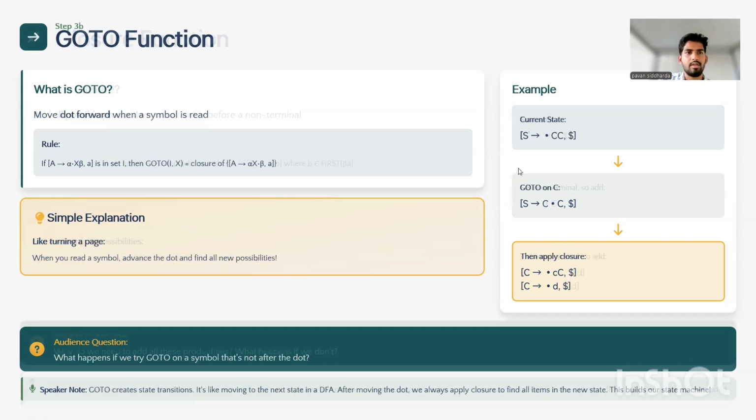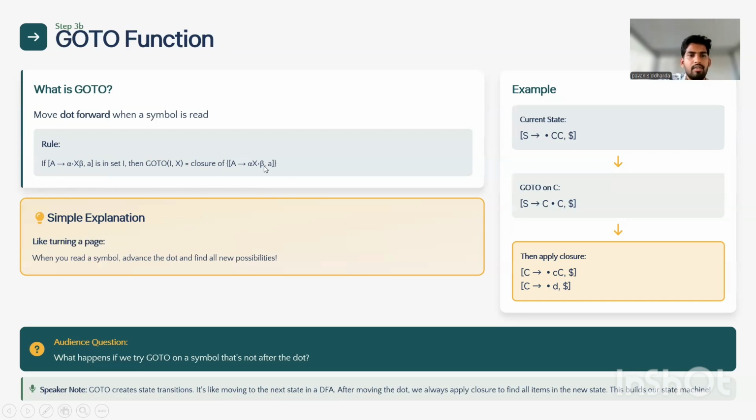Coming to the next slide, the GOTO function. What is the GOTO function? Move the dot forward when the symbol is read. If A gives rise to alpha dot X beta, comma a, is in the set I, then GOTO of I comma X equals closure of A gives rise to alpha X dot beta, comma a.